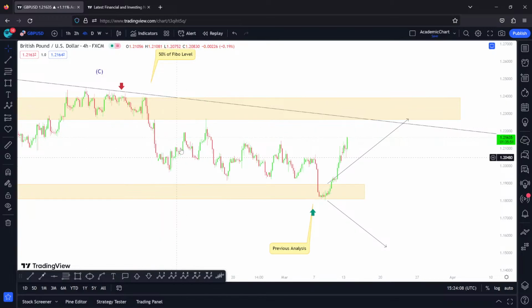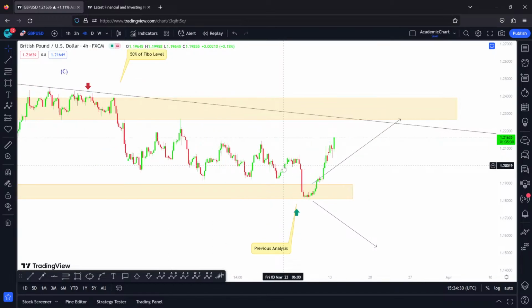So, for example, this is the first impulsive, then the second. Regardless of which one you want to count, you can see it has still actually entered the territory of the previous waves. So this is some sort of a diagonal that usually happens when the trend is not powerful, and that's the reason these waves just entered each one's territories.